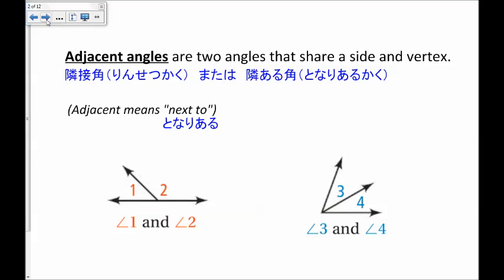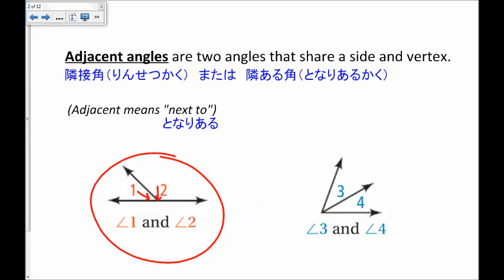First, adjacent angles. Adjacent angles are 2 angles that share a side and a vertex. Adjacent means next to, right next to. So in this picture, angles 1 and 2 are next to each other, so they are adjacent angles.